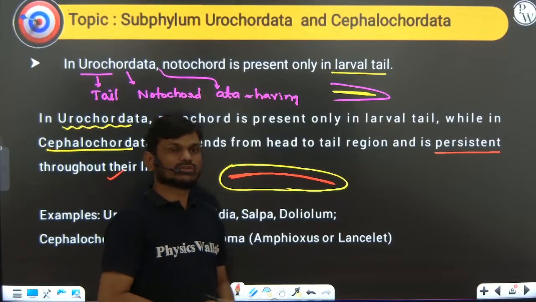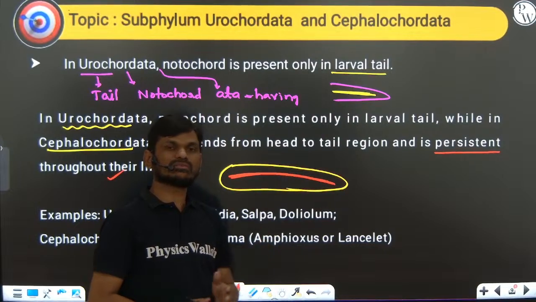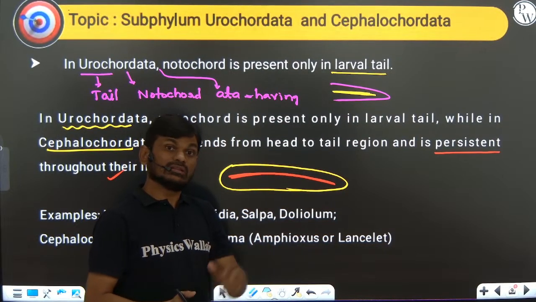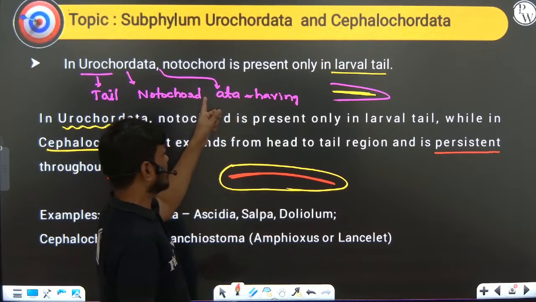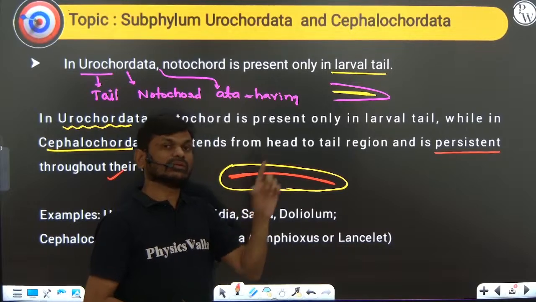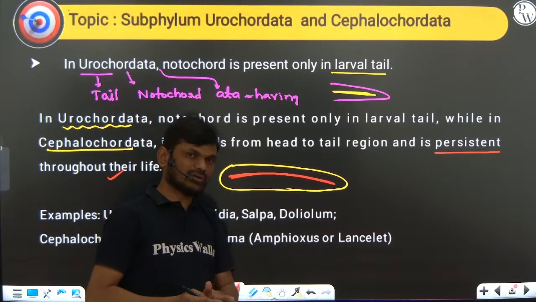Sometimes instead of asking directly, they will ask the examples of Urochordata, or they will ask: identify the animal in which the notochord is located only in the tail region in larval form.